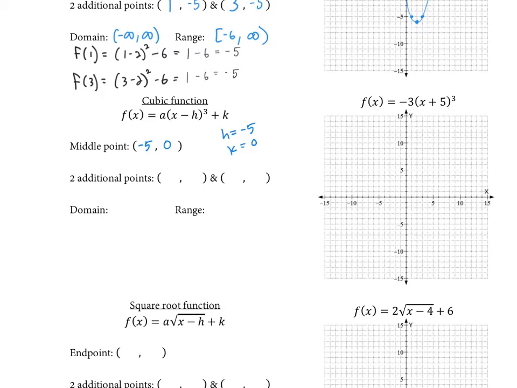We'll plug in h minus 1 and h plus 1. So let's do that. f of negative 6 and f of negative 4. Okay, f of negative 6 is negative 3 times (6 plus 5) cubed, and then negative 4.